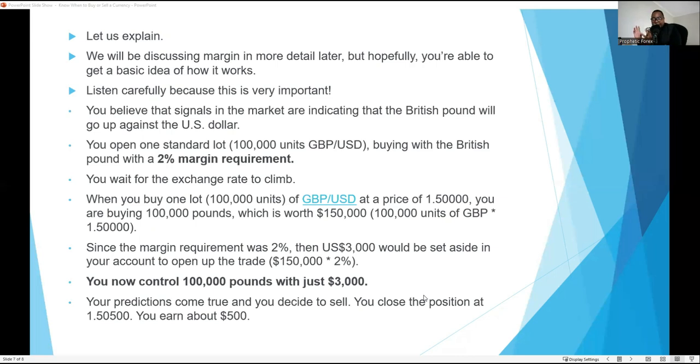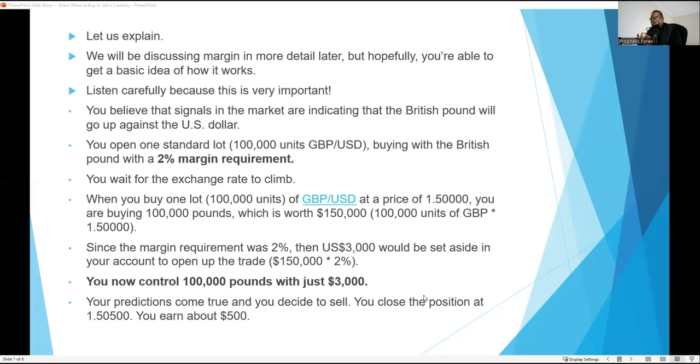That means 100 units of GBP/USD, buying the British pound with 2%, that is 1:50 leverage, if we can put it like that. You will wait for the exchange rate to climb, so increase in value. And when you buy with one lot, 100 units of GBP/USD, let's say at the price of 1.500, and you're buying with 100 pounds, which is worth 150 US dollars.